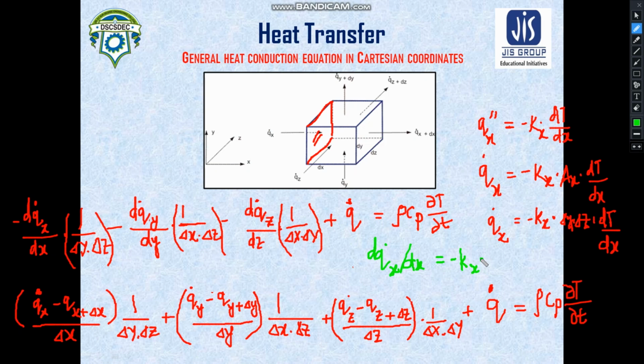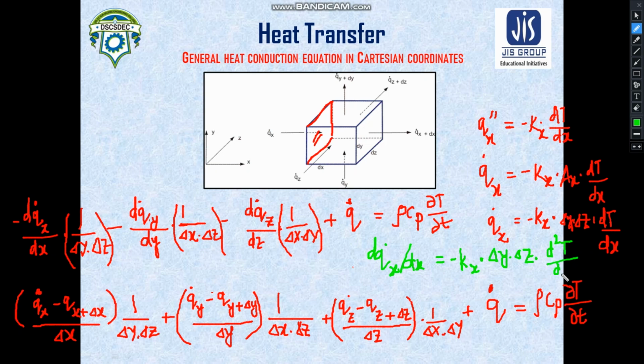If this kx is defined as a function of x, then obviously we need the product rule for the derivative, but we are assuming that this kx is not going to change with respect to the direction of x. So we are taking kx as a constant, but if it is mentioned in the problem that kx varies along the direction of x, then you have to use the product rule. You have to keep that in mind. So delta y, delta z, and after differentiating this quantity, it will be a simple second order derivative.